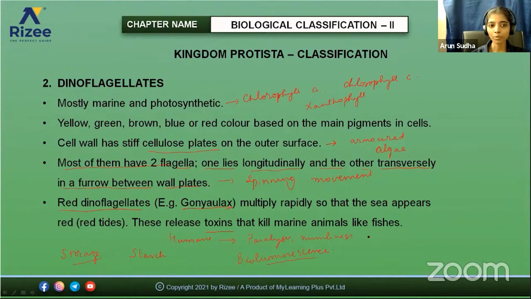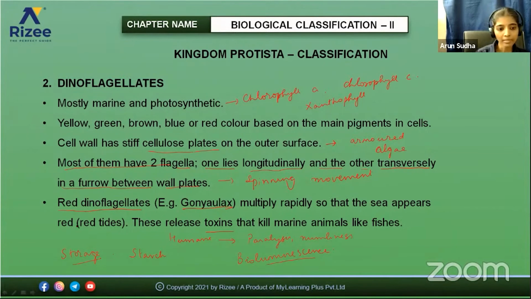As the name shows, dinoflagellates, and these flagella are responsible for the spinning movement. An example is Gonyaulax. This Gonyaulax is responsible for the red tides, that is, it will make the water red because of overgrowth of dinoflagellates, and they release toxins that kill marine animals like fishes.